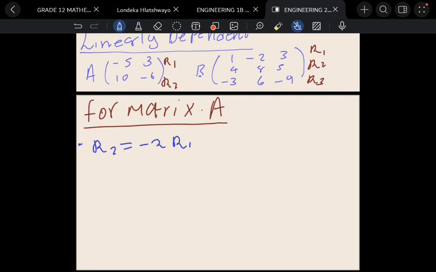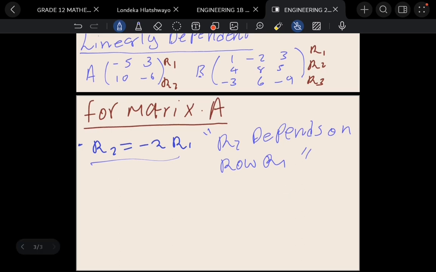Because we have this case, row 2 depends on row 1. Here we have something called linearly dependent, a row that depends on another row.